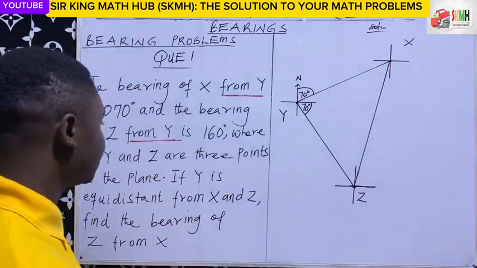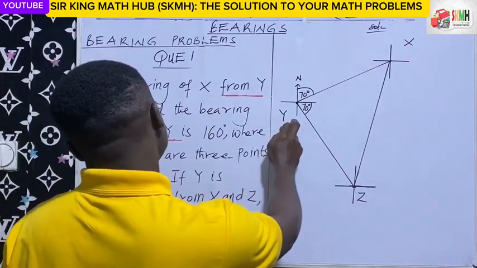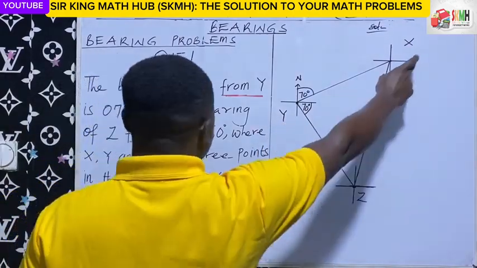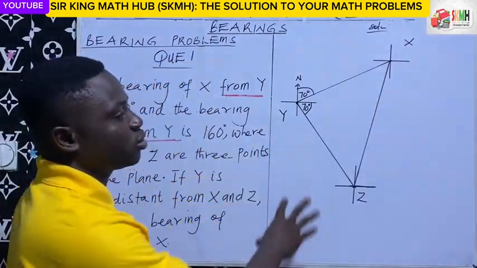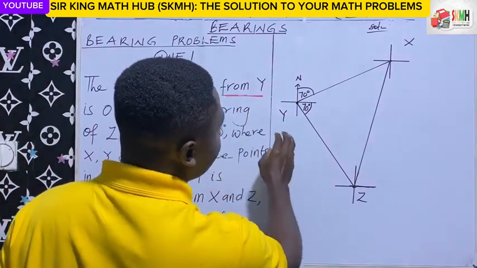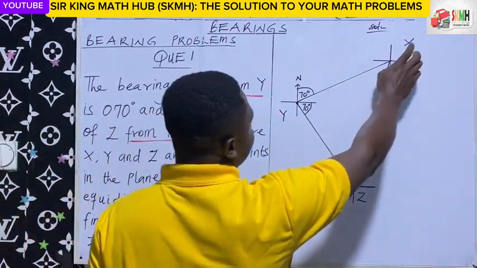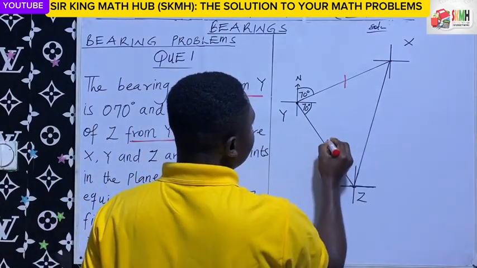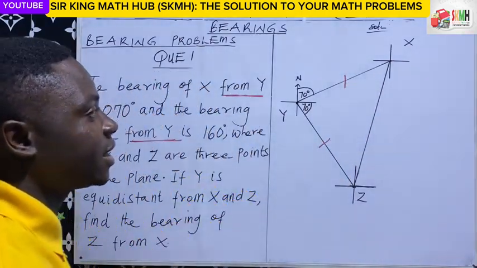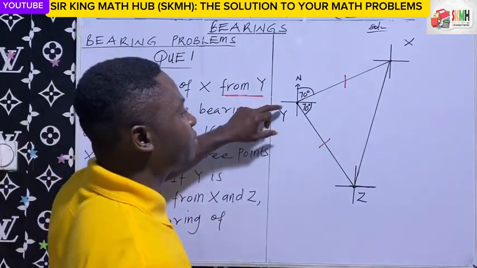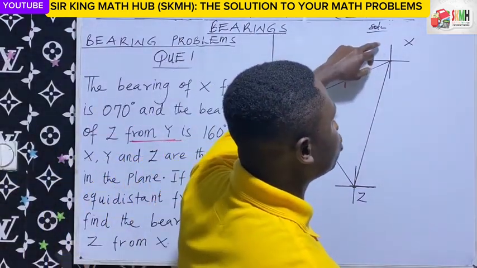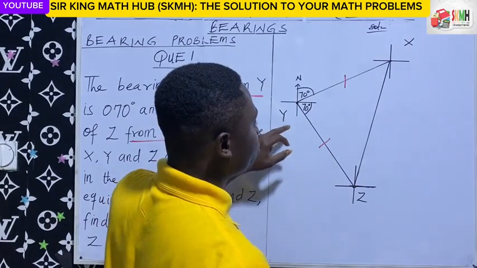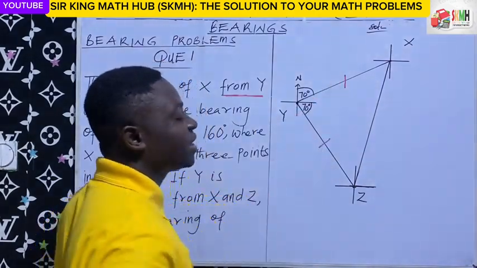Again, we were told that y here is equidistant from x and z. So from the diagram, what shows that y is equidistant from x and z? We have to indicate these signs on the lines, meaning that the length from y to x is the same as the distance from y to z. So that is what we have done.